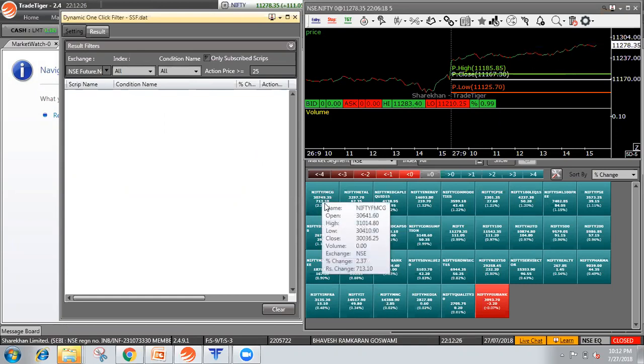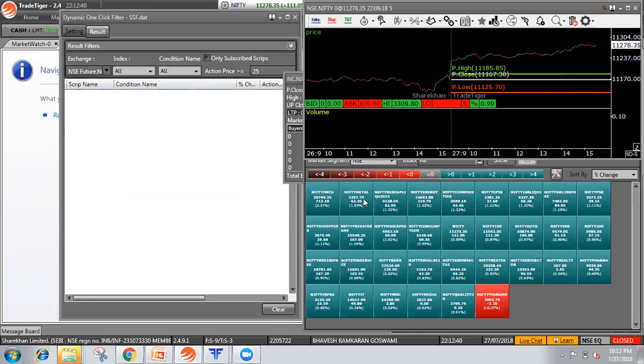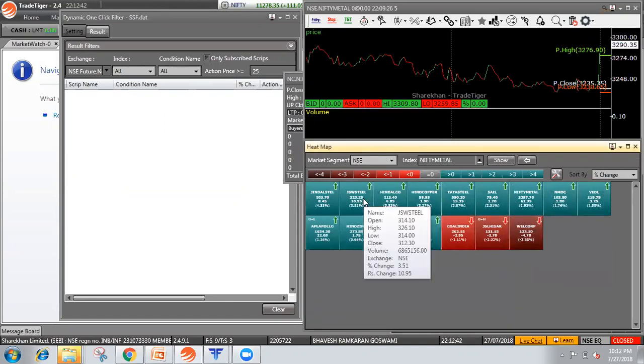Whenever a sector is 1% up or 1% down, take the first two sectors. Suppose the metal sector is 1% up. Today I gave the stock to buy Tata Steel.